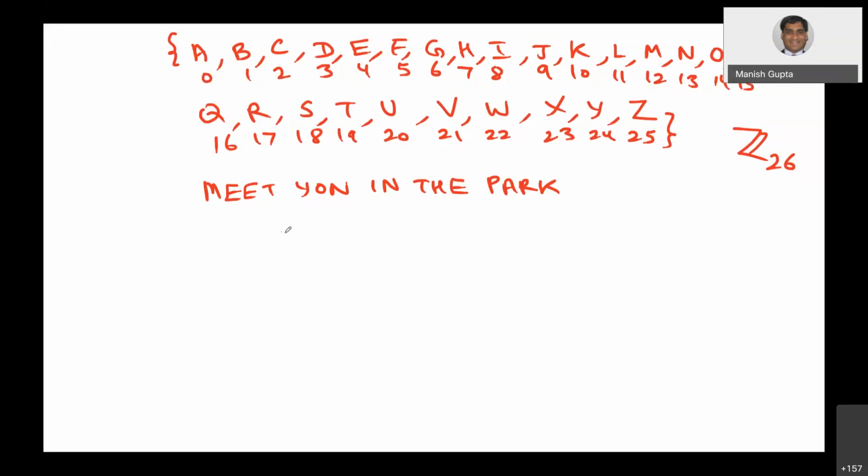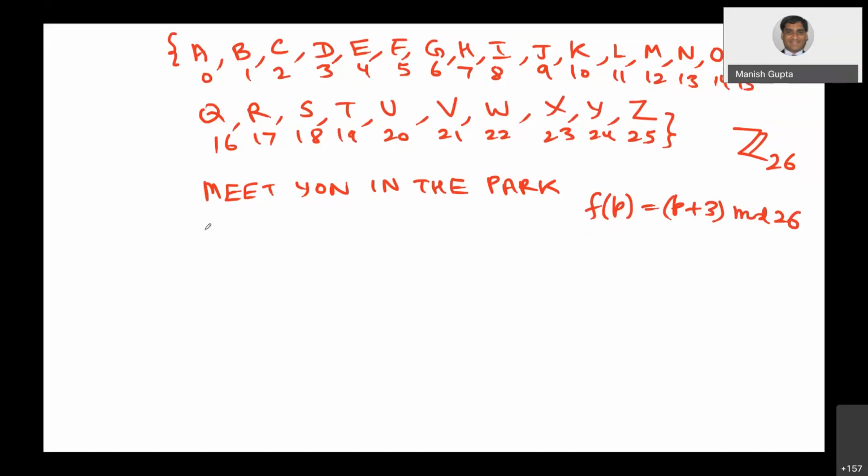So what we can do here is an encoding: f of p is equal to p plus 3 mod 26. So I am shifting everything by 3 numbers.